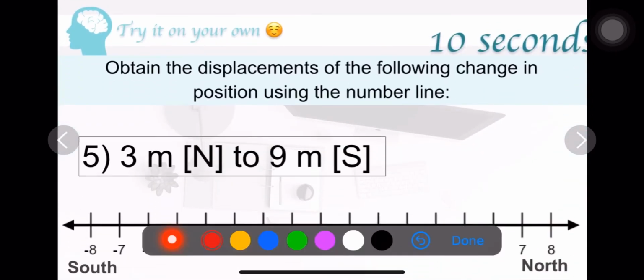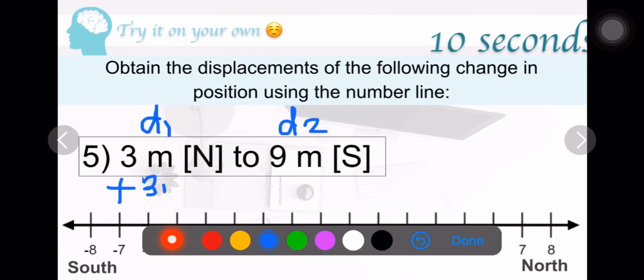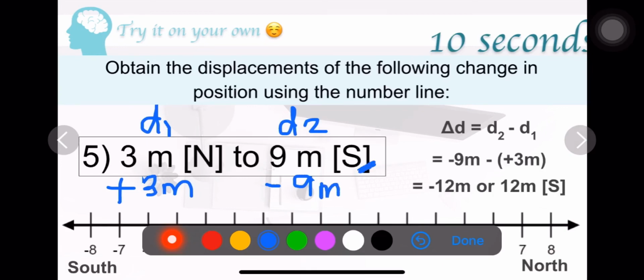And last, we have here D1 and D2. 3 meters north is positive because we assume that north is positive. 9 meters south is negative because we assume that south is negative. To solve, we have negative 9 minus 3, that becomes negative 12, or 12 meters south.